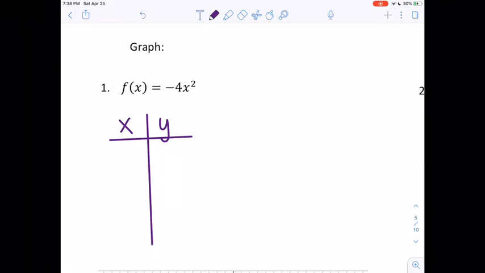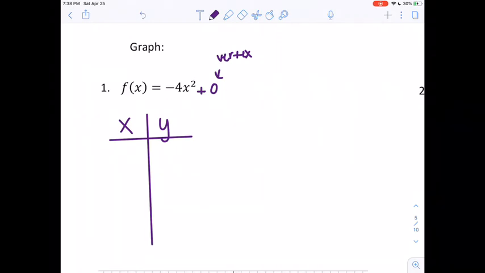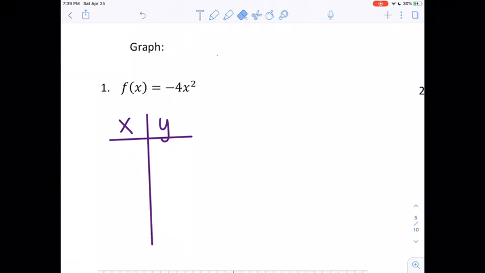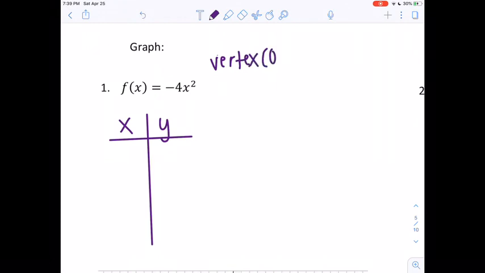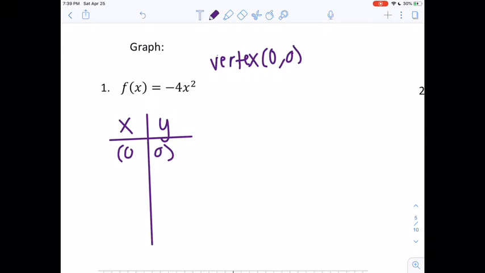And know that since nothing's being added here, that's your vertex. So our vertex is 0, 0. So when nothing's being added to these, and it's just something squared, the vertex will always be 0, 0.